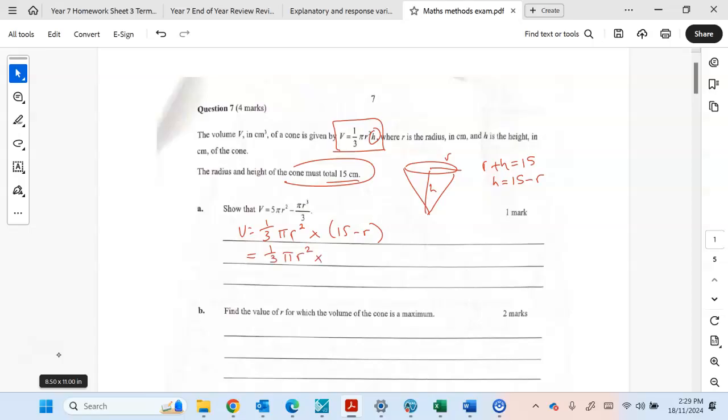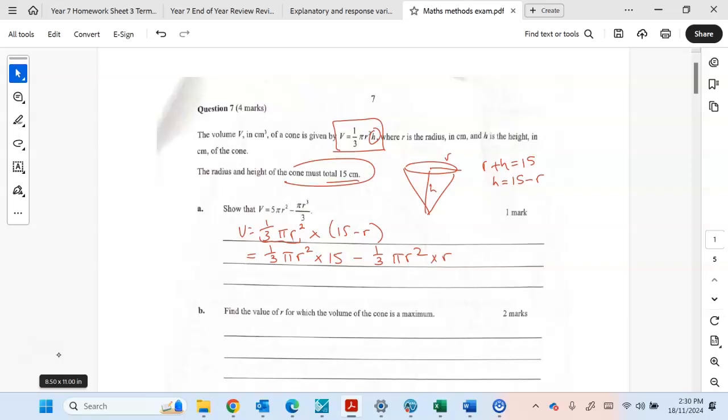So that's times 15. So just multiplying this first term by the 15 and the R, and then we're going to have minus 1/3 pi R squared. So just multiplying this 1/3 pi R squared by 15 and by R, which I didn't do. All right, so times R.